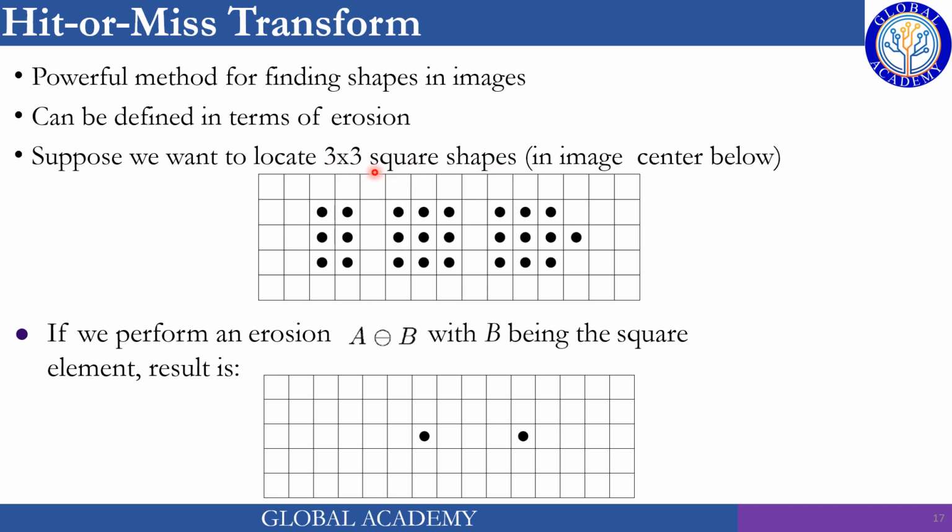If we would like to locate or find a 3 by 3 square shape in this image, we can apply A eroded by B, considering this as the structuring element. Then we will definitely get a dot over here and a dot over here as we perform erosion. So it's a simple erosion and we got these two dots.